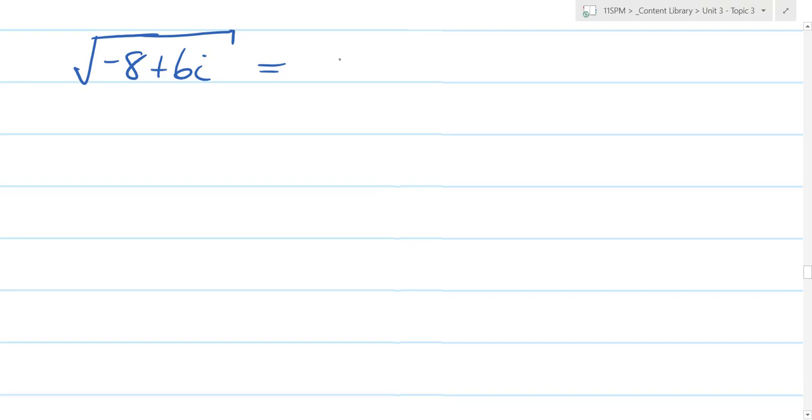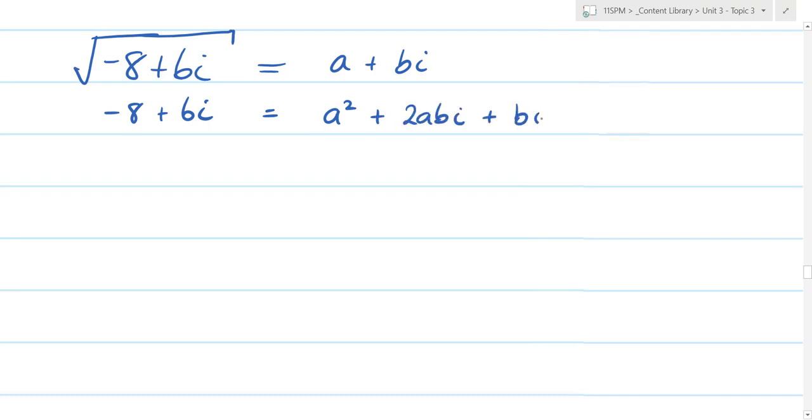Make the assumption that this is equal to a plus bi, and then square both sides. When I square both sides, I get a squared plus 2abi plus b squared i squared, and that becomes a squared minus b squared plus 2abi. And that leads to the fact that this is the real component and that's the imaginary component.